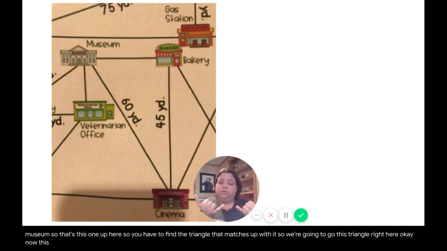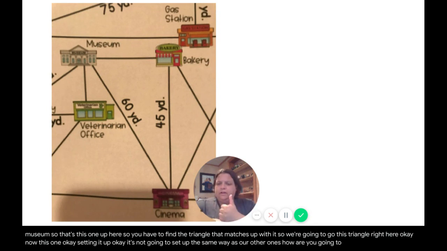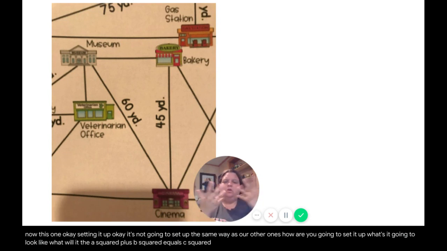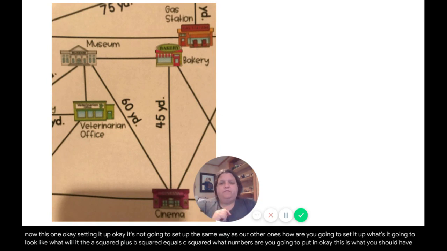Now this one, setting it up, it's not going to set up the same way as our other ones. How are you going to set it up? What's it going to look like? The a squared plus b squared equals c squared. What numbers are you going to put in? Okay, this is what you should have.